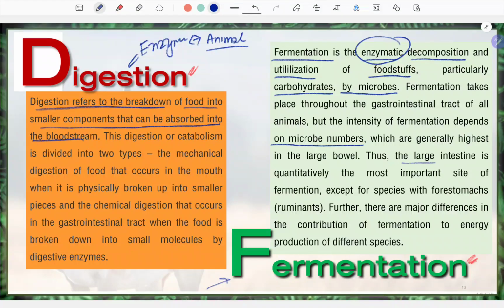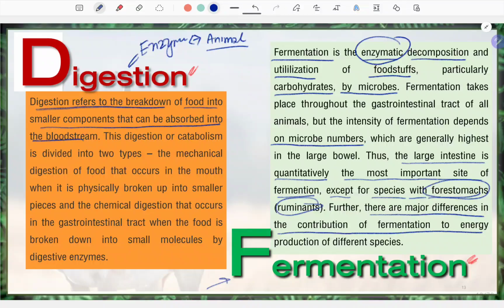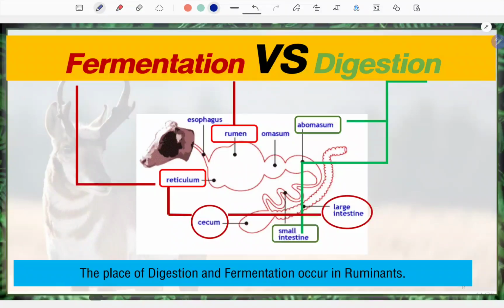The large intestine is quantitatively the most important site of fermentation, except for species with four stomachs, that is, ruminants. Further, there are major differences in the contribution of fermentation to energy production in different species. Look at which part we call fermentation and which part we call digestion.